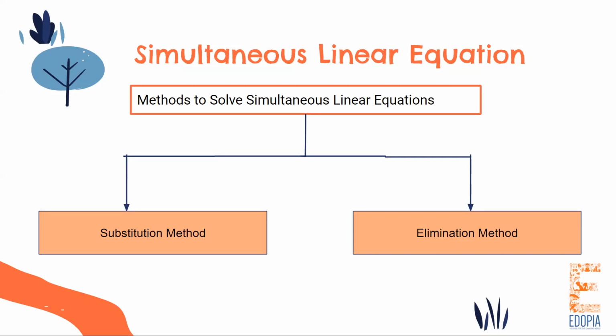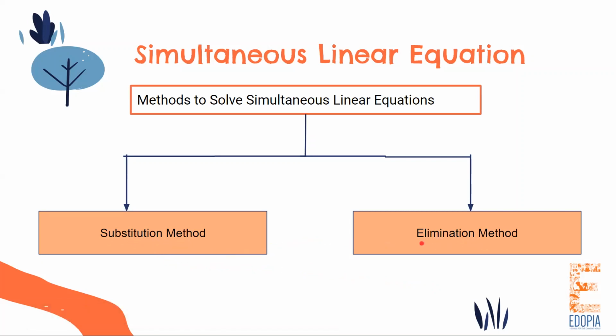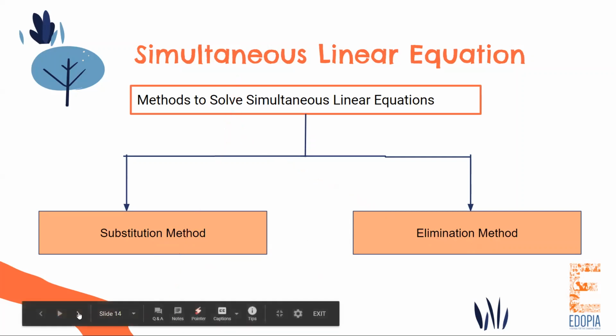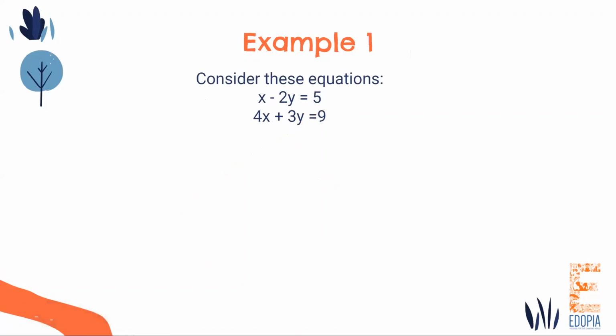First we are going to study how to find that point using the substitution method. In another tutorial, I'm going to teach you how to find that point of intersection using the elimination method. Okay, now let's solve some examples so that we can learn how to solve the equations.